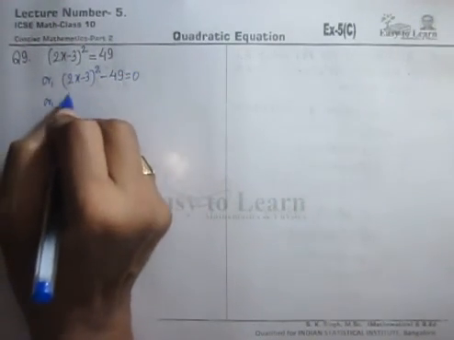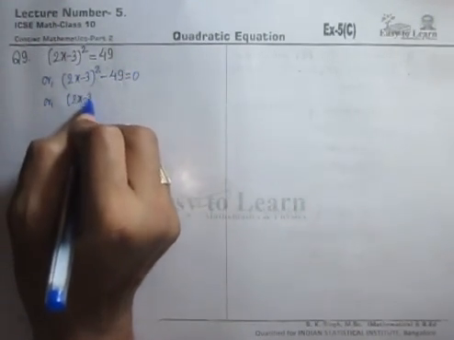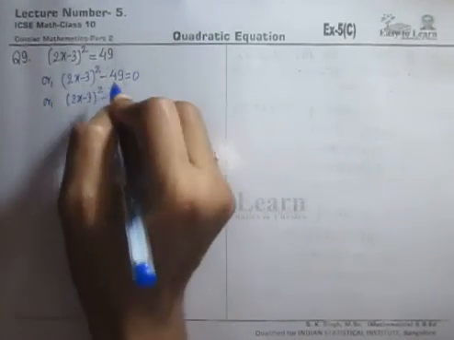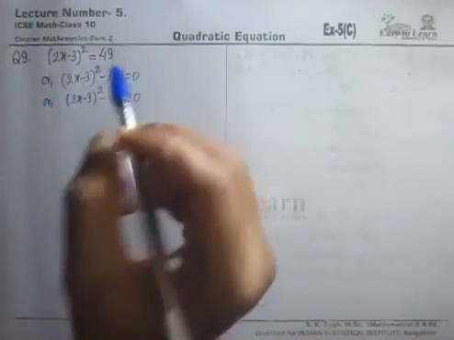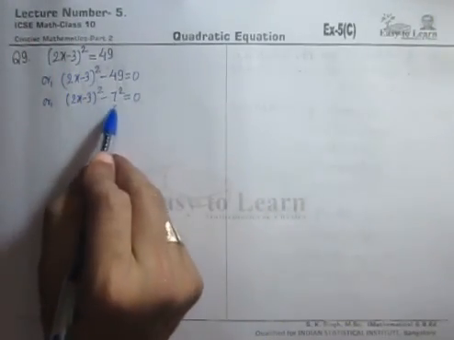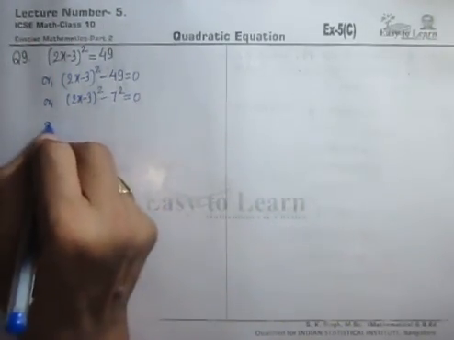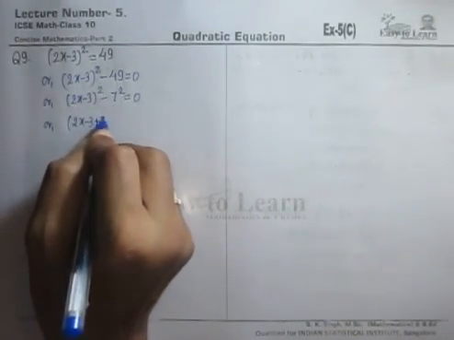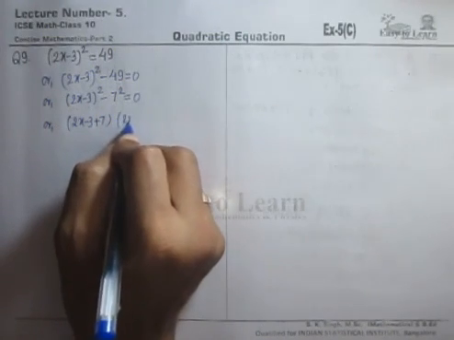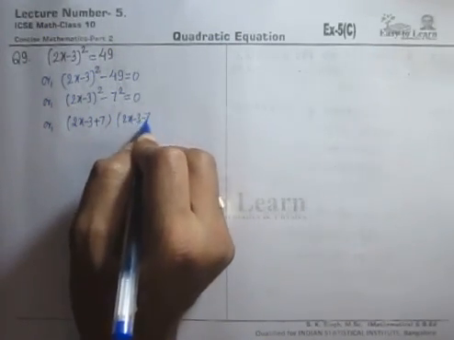Now here 2x minus 3, there is no need of expansion. 49 can be written as 7 square equal to 0. Now with the help of a square minus b square we can factorize it. So it will be 2x minus 3 plus 7 and 2x minus 3 minus 7.